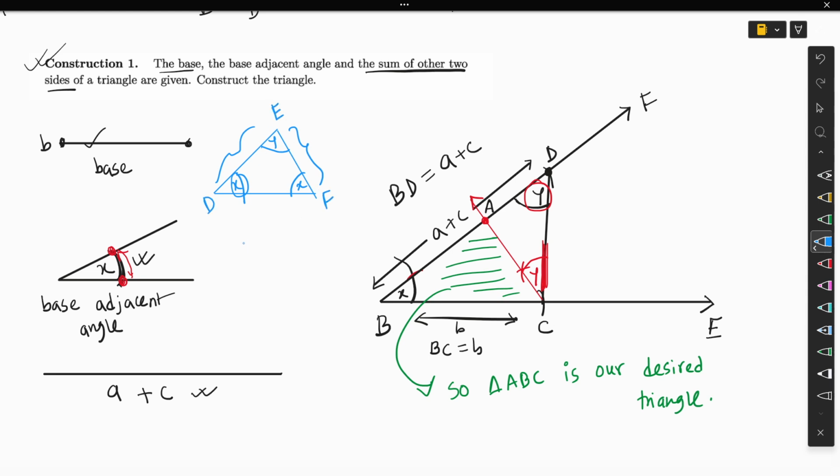So I'm trying to say, as angle EDF is equal to angle EFD, if you remove the middle point from these three letters, we will get the opposite side.